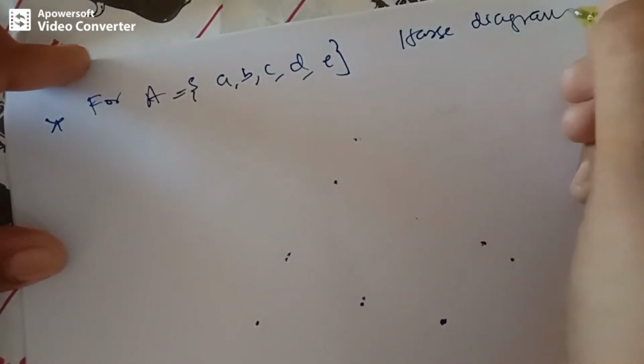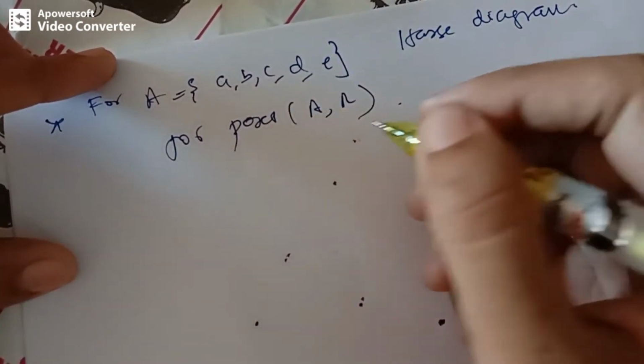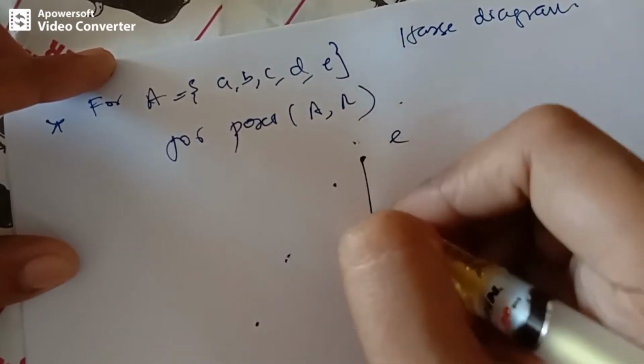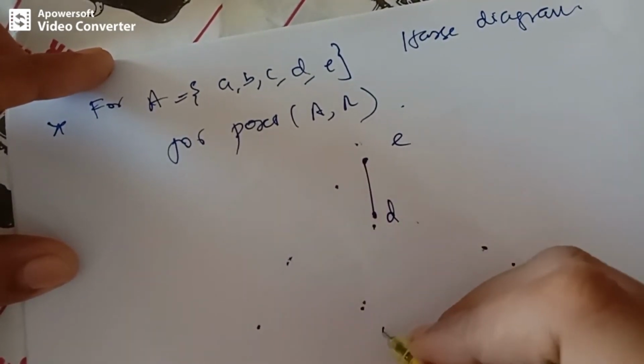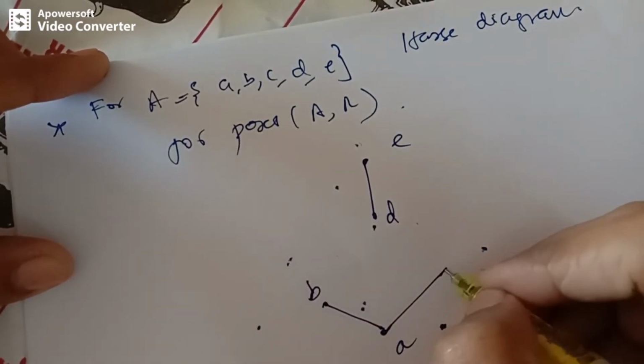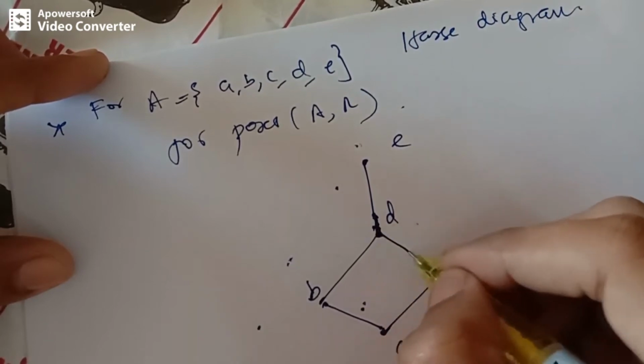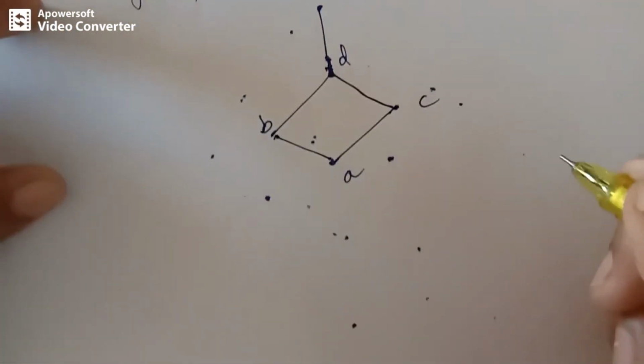Here the Hasse diagram for the poset A, R is given. So this is the Hasse diagram that they have shown. B, and then you have got here C, should be connected. Okay, so this is the Hasse diagram given.